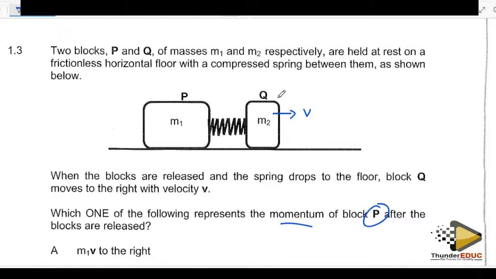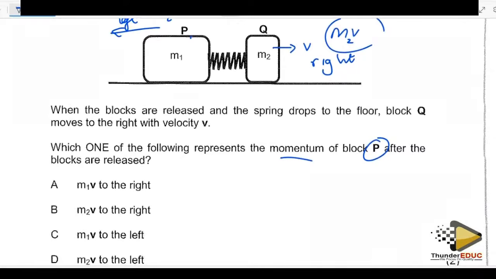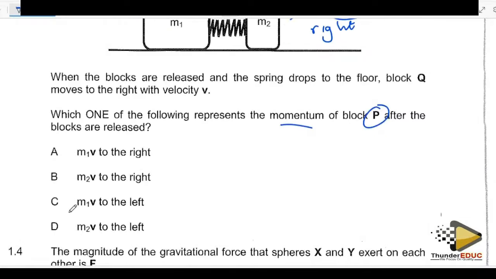So if Q has M2 times V as its momentum, then the same should be applicable to P, but in the opposite direction. If this is to the right, then this is going to be to the left. So we expect to have M2V, but to the left. Is there an option like that? M2V to the left, that is option D.